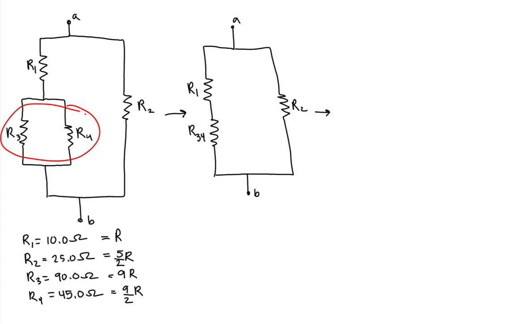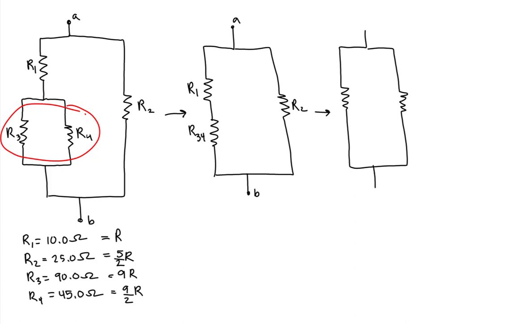And notice R1 and our equivalent resistor between R3 and R4 are in series, so we can replace that combination with an equivalent resistor.